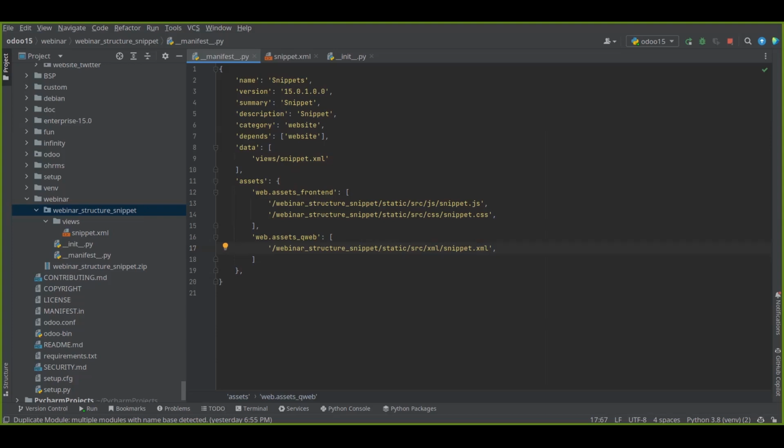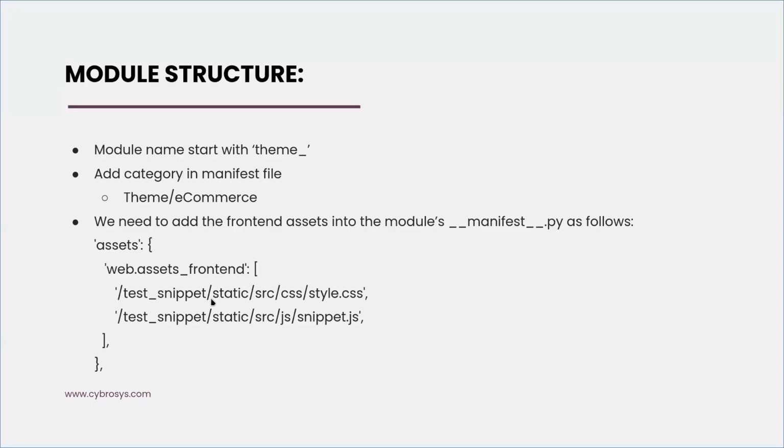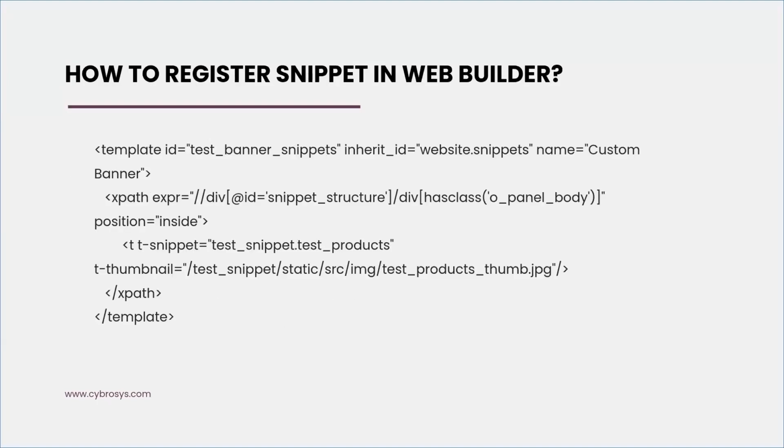By adding this, we will be able to use the content inside the module. This is the module structure we already talked about. Now let's go to how we can register a snippet into the Odoo website builder.